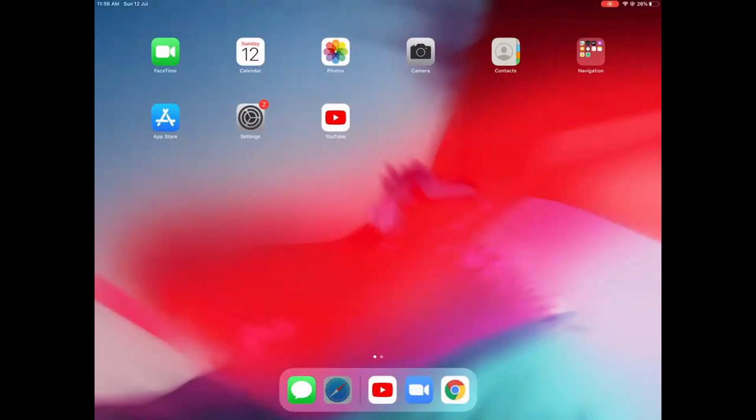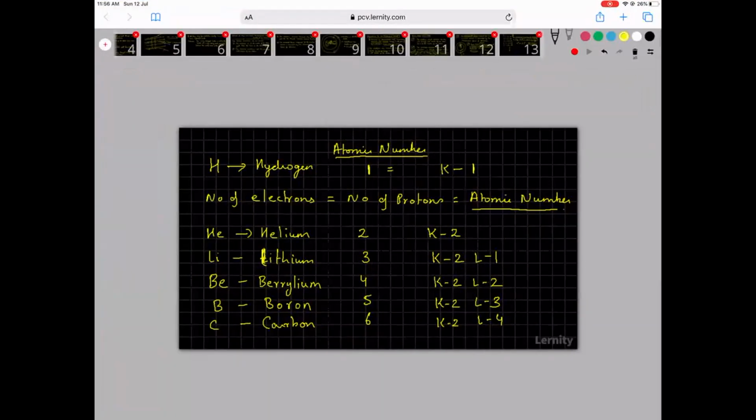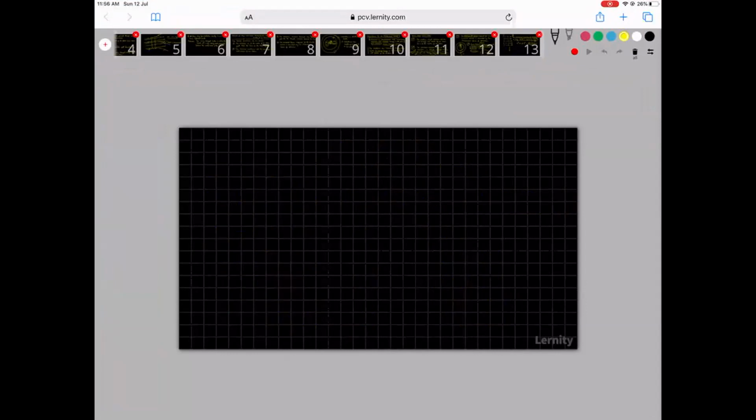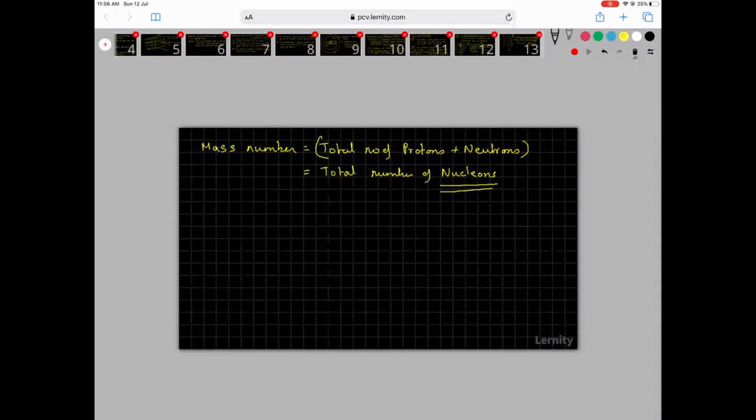Mass number is different. Mass number is the total number of protons plus neutrons. By this time, Bohr did not know about mass number. They had not invented mass number by then. Mass number is equal to the total number of protons plus neutrons. This is also called the total number of nucleons. Those particles which are inside the nucleus are called nucleons.